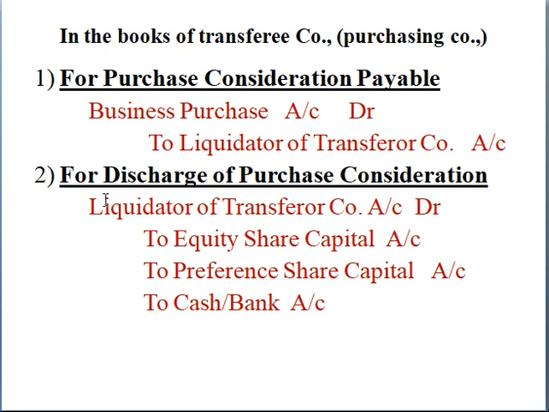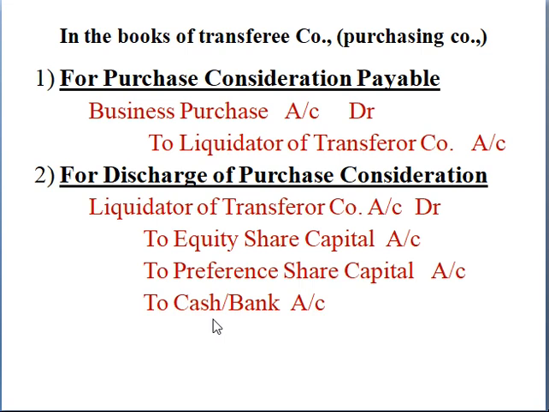Then the second one is for discharge of purchase consideration. Discharge means paid. How is such payment done? Your entry is debit the receiver, liquidator of the selling company, that is transferor company account, debit. What is the method of payment? The method of payment may be either equity shares or preference shares or else bank.